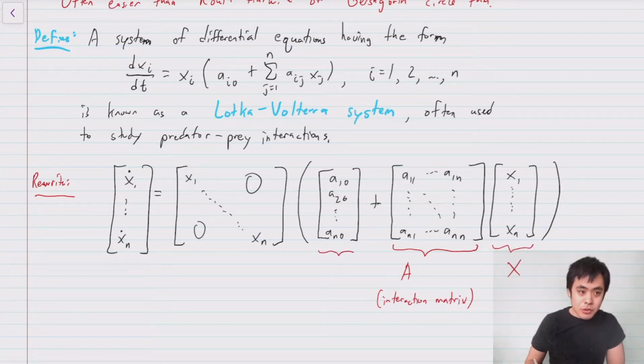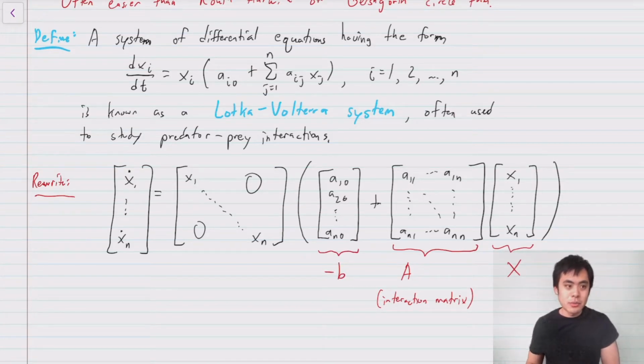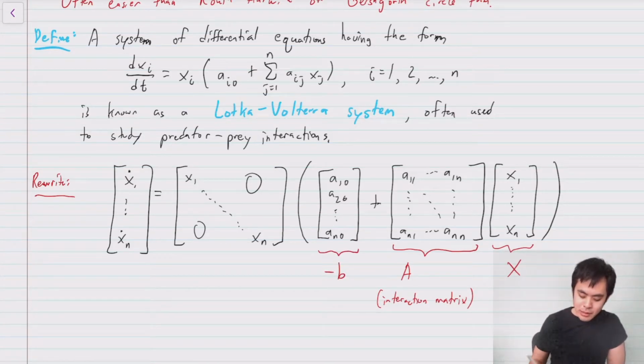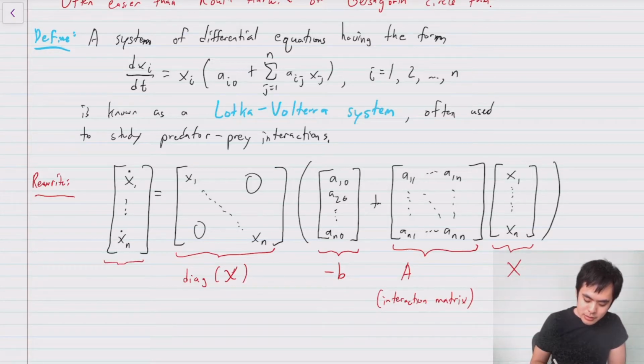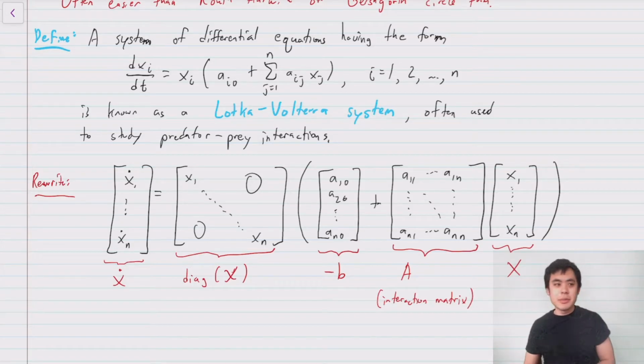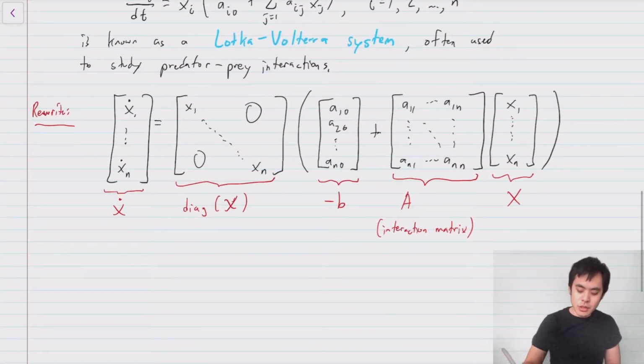And I'm going to call this particular vector minus b for reasons that will become apparent pretty soon. And you can think of this as diagonal of x, and this here is x dot. Okay, so this is rewriting in matrix form, which is a little bit nicer to understand.